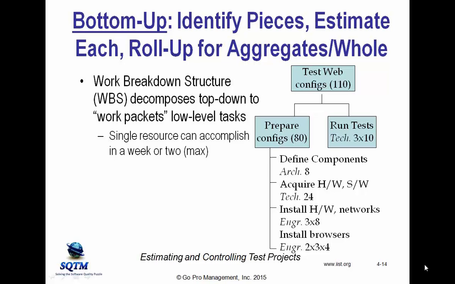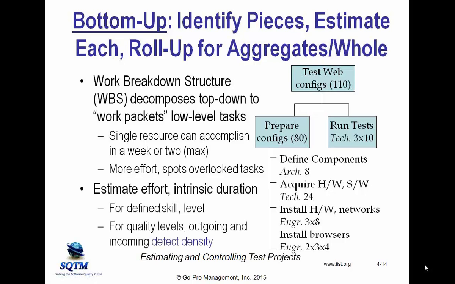Running the tests, we have 3 techs, each doing 10 hours, so that's 30, and the total of testing the web configurations is 110. The good news is that bottom-up estimating tends to be more accurate because it tends to spot overlooked tasks. The bad news is that it takes somewhat more effort than just pulling a number out of some bodily cavity and using that for a top-down estimate.